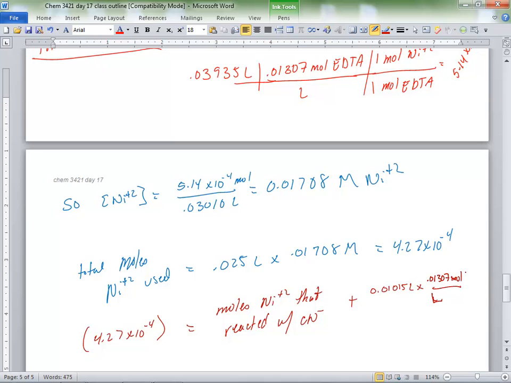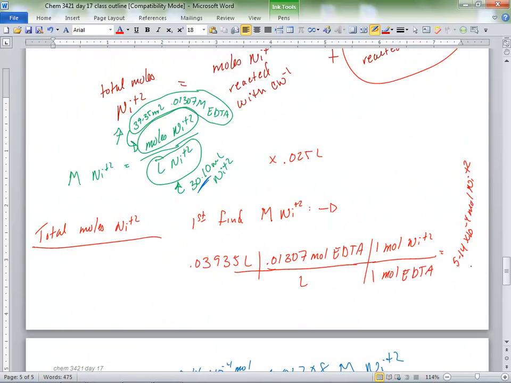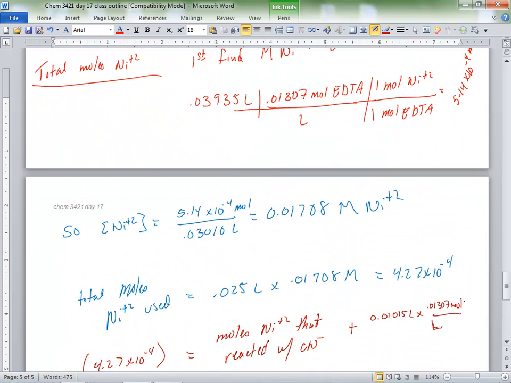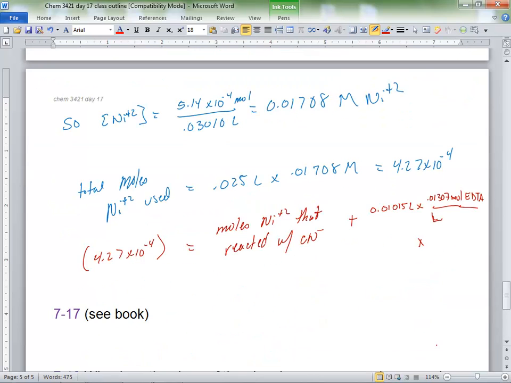And that was moles of EDTA. Oh, and they're 1-to-1, aren't they? One mole of nickel for every 1 mole of EDTA. So we'll have the moles of each, and we'll solve for the moles of nickel that reacted with the cyanide.